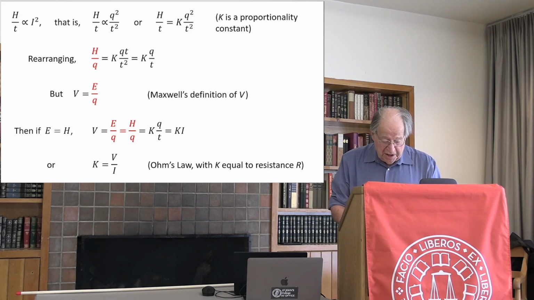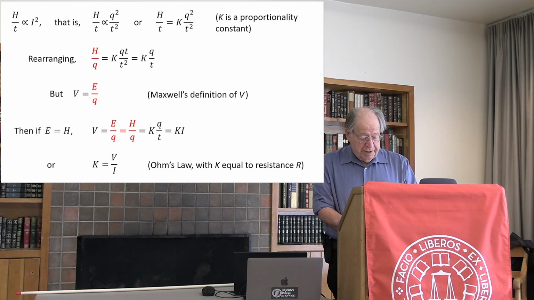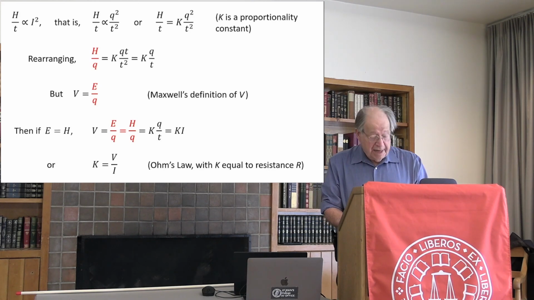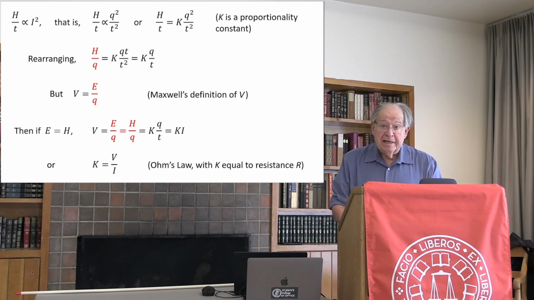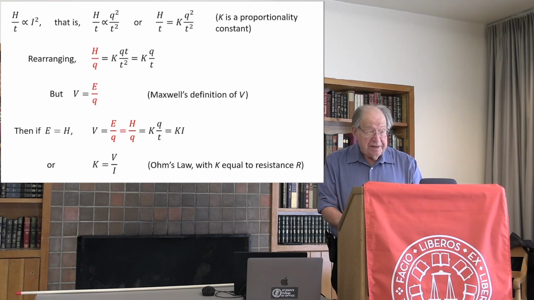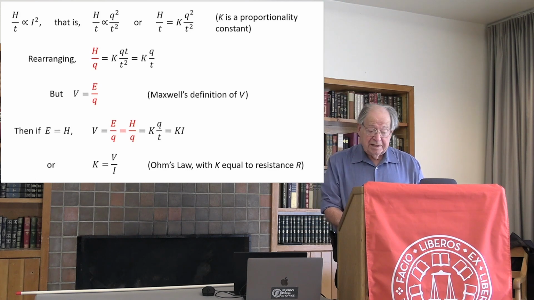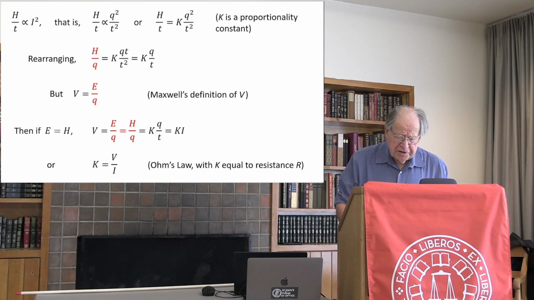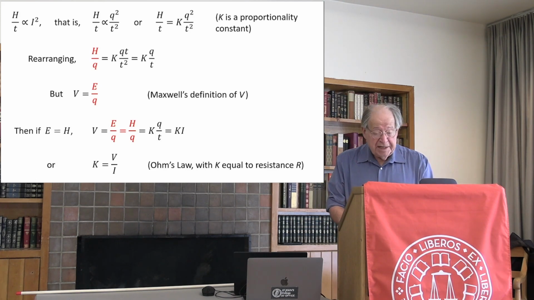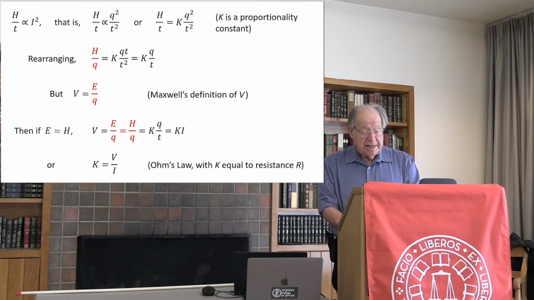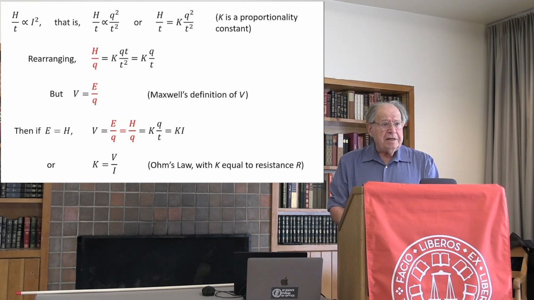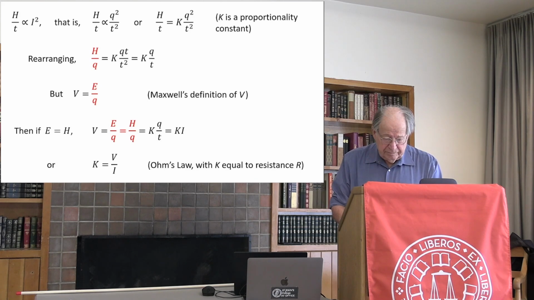Thus, Ohm's law, the proportionality between voltage V and current I, arises insofar as electrical energy is converted to heat. This conversion of energy is the explanation that Ohm's law stood in need of, and it is the real foundation of that law.